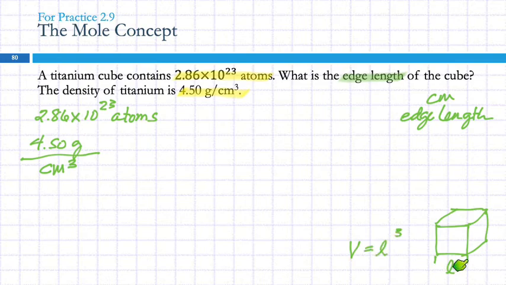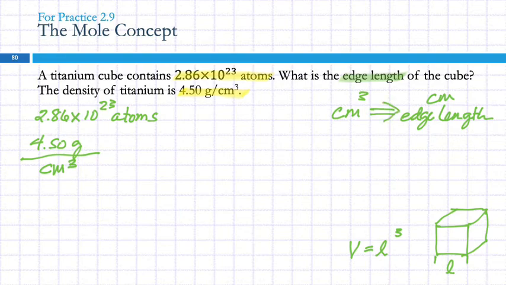The length times the width times the height, they're all the same. So we're trying to find L. If we knew what the volume was, we could find L, right? What's a probable unit for volume here? Centimeters cubed.